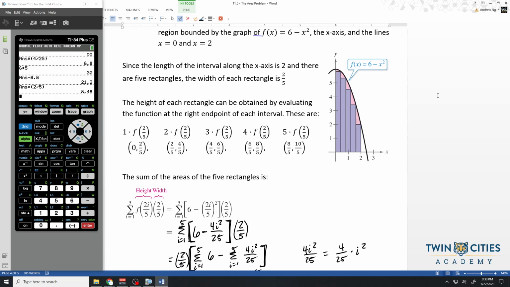But the best would be if I used an infinite number of rectangles. Because if I used an infinite number of rectangles, then that means that this space would be, well, non-existent.